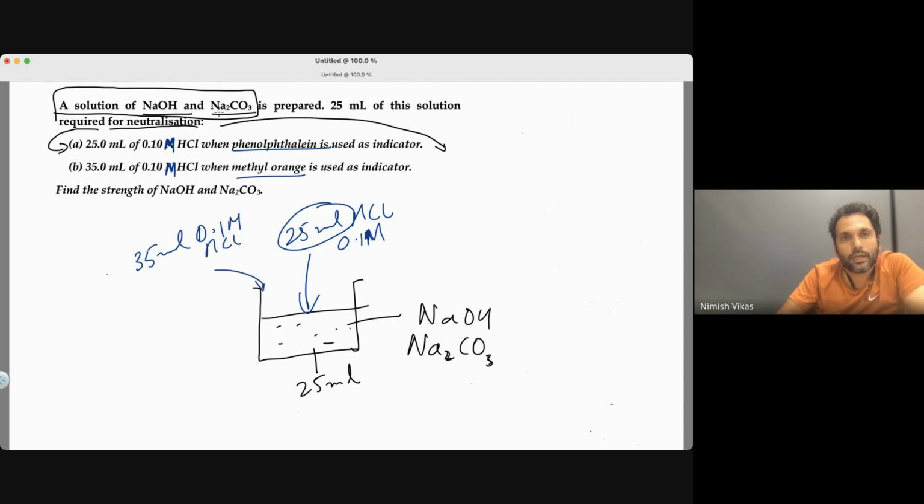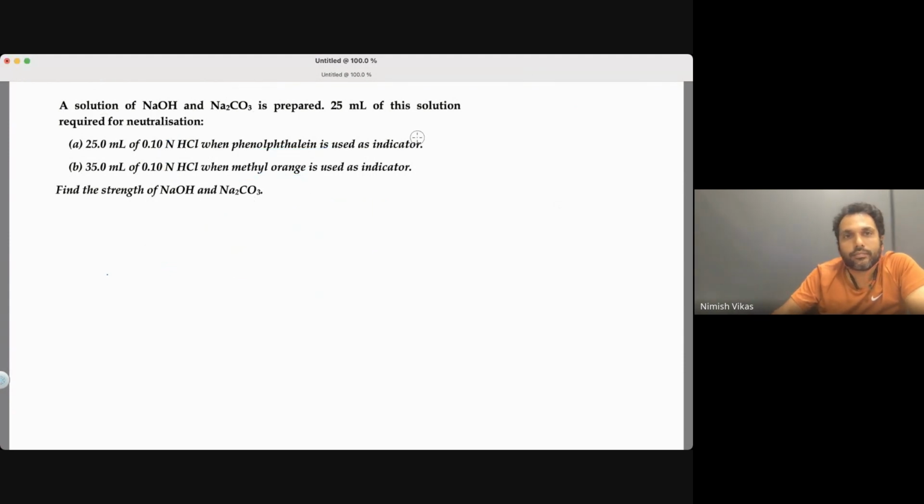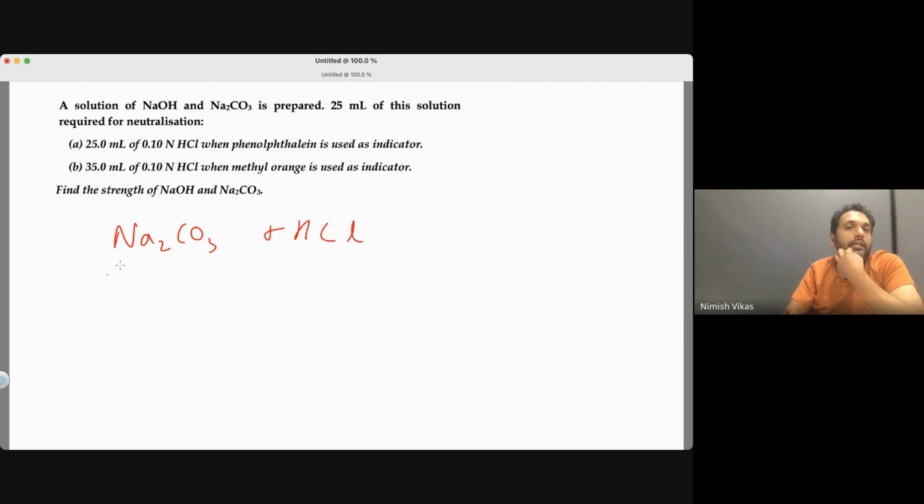So it is like a small puzzle. These are the two things HCl is reacting with. In my last class we did a Na2CO3 plus HCl kind of reaction. We already indicated that it is kind of a base, right? There was some question done on that.